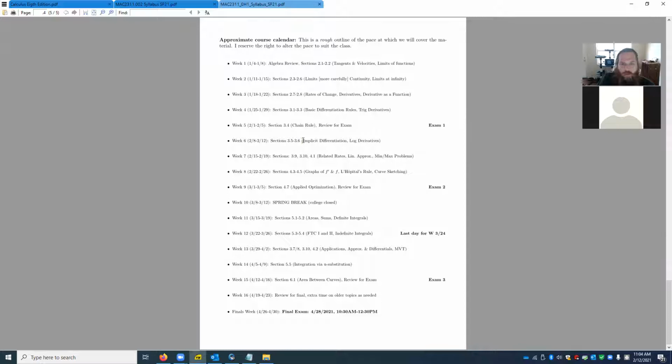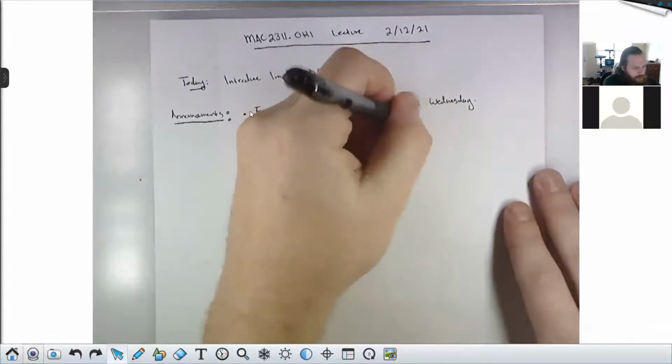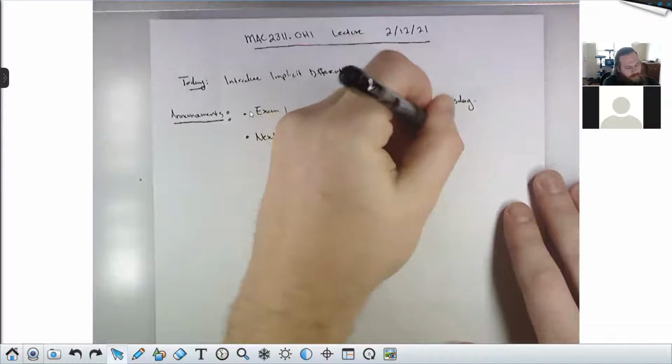So I'm going to go ahead and introduce implicit differentiation today. And then derivatives of log functions, these go together really well. These are really just like one section. And then next week, I think probably we'll talk about related rates and min-max problems. We might talk a little bit about linear approximation. But next week, we will definitely be covering section 3.5, which is implicit differentiation.